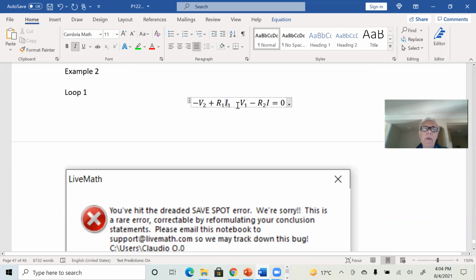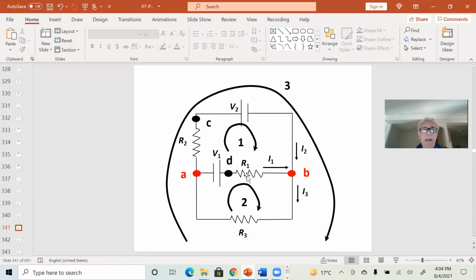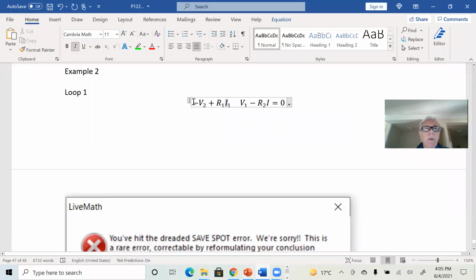Downhill the current, you lose energy. That's why I have plus R1 I1. Now we're going to go through this battery from higher potential to lower potential. You're going to lose energy no matter what the direction of the current. You're going to lose electric potential. It's going to be minus V1, right in here.